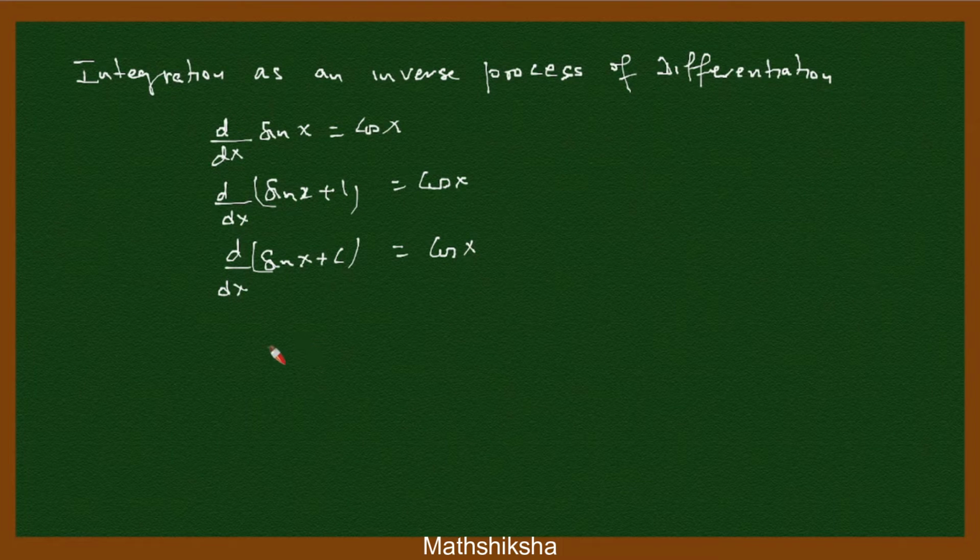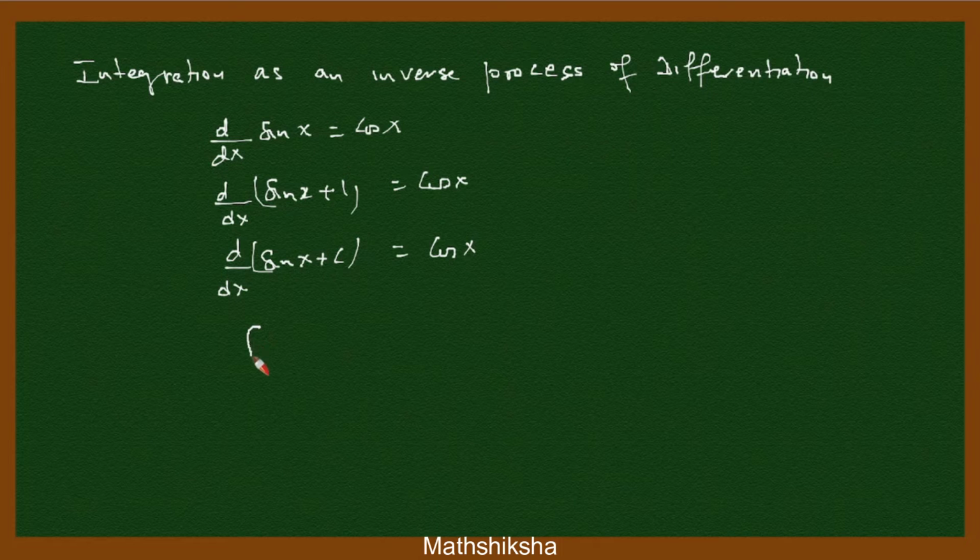So, what is that function whose derivative is cos x? Suppose we ask somebody this question. That function is not only sin x, it is sin x plus 1, sin x plus 2, sin x plus pi, sin x plus c. So that function is sin x plus c, where c is a constant.